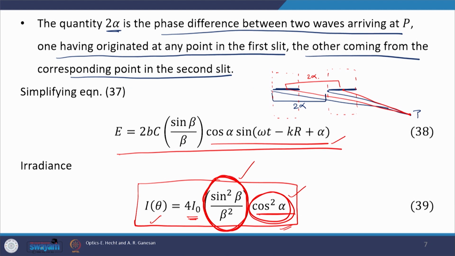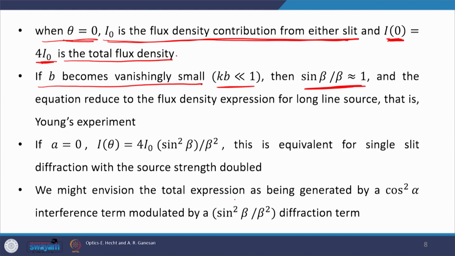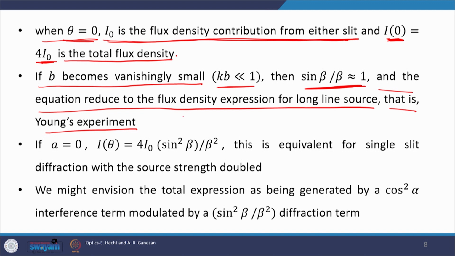If sin beta by beta is equal to 1, then we are only left with the cos square alpha term, and the equation reduces to the flux density expression for a long line source, that is Young's experiment, because now we will have I theta is equal to 4 I naught cos square alpha, which is nothing but the irradiance expression of Young's double slit. This expression we derived in Young's experiment.